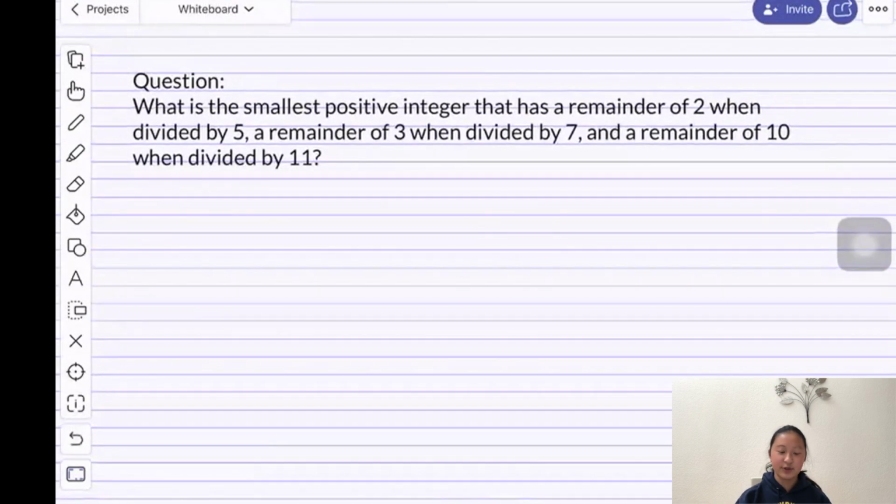So once again, the question is, what is the smallest positive integer that has a remainder of 2 when divided by 5, a remainder of 3 when divided by 7, and a remainder of 10 when divided by 11?